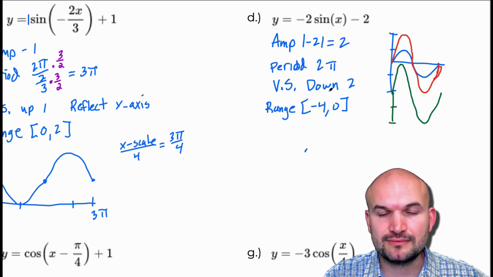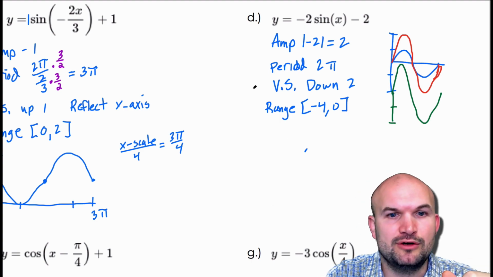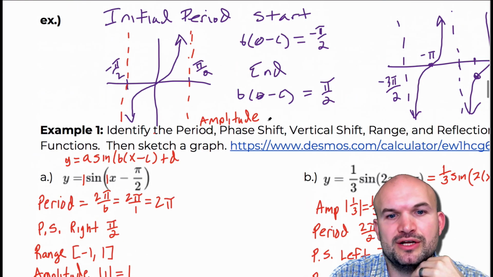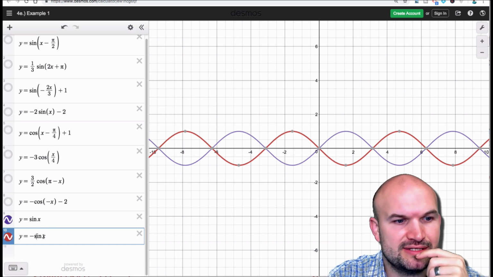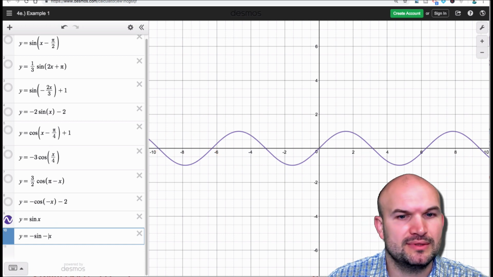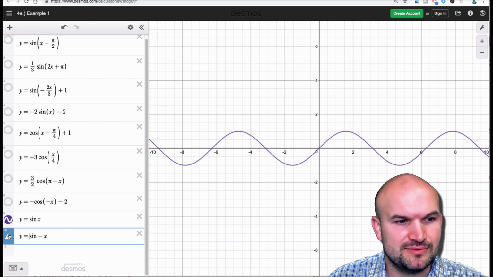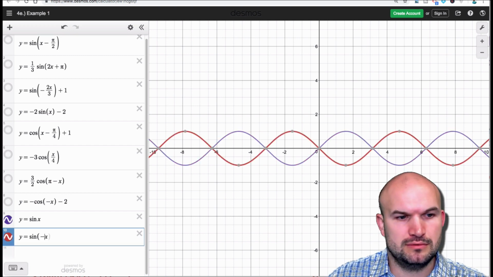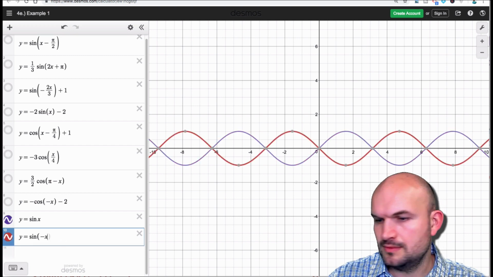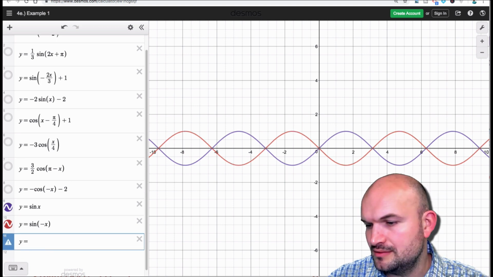Now, the only other thing we need to consider is the reflection about the negative. I want to go back to Desmos, because this is important to understand about this odd function. Oh, that was the negative on the inside. Never mind. I apologize for that in the last one. It doesn't matter where that negative is.